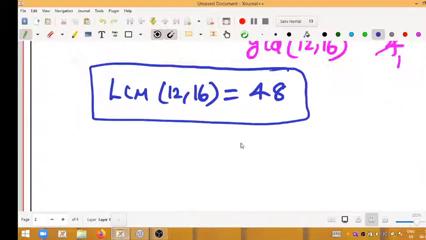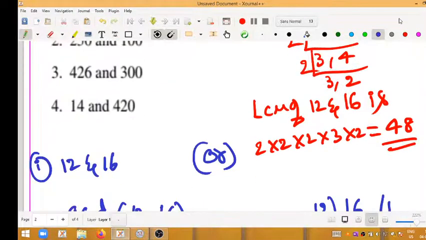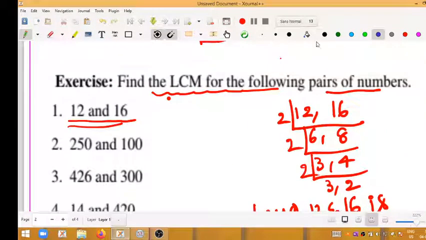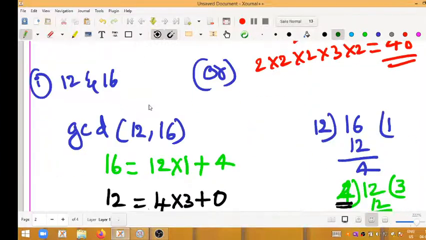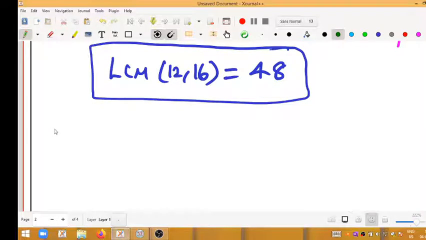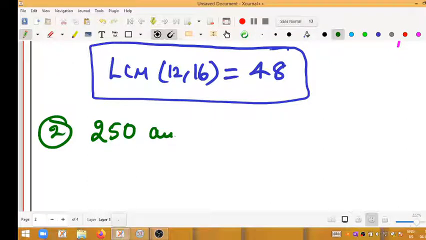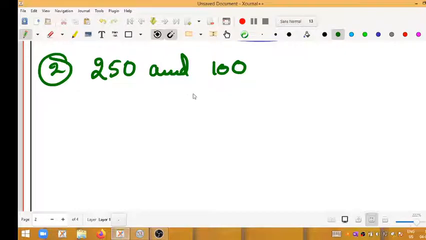Similarly, we have to do the second problem. Theoretically, I will do the second remaining problem. We will do 250 and 100. So we want to find the LCM of this 250 and 100.